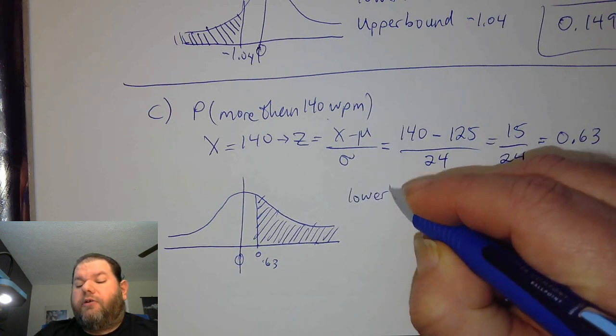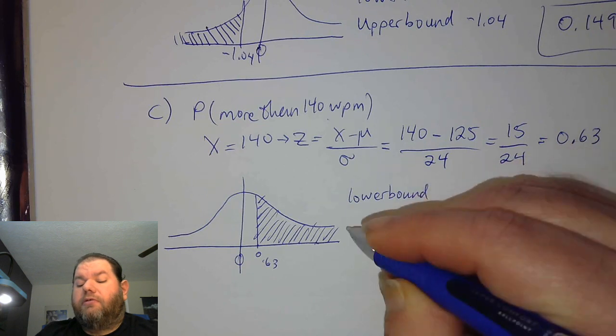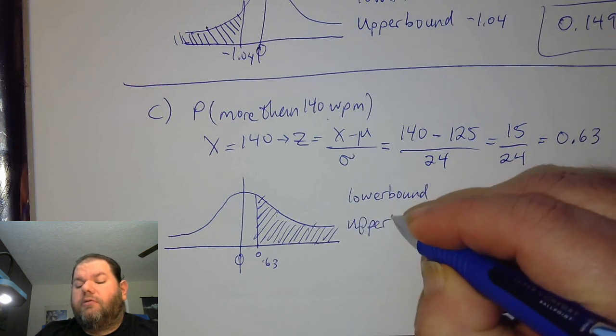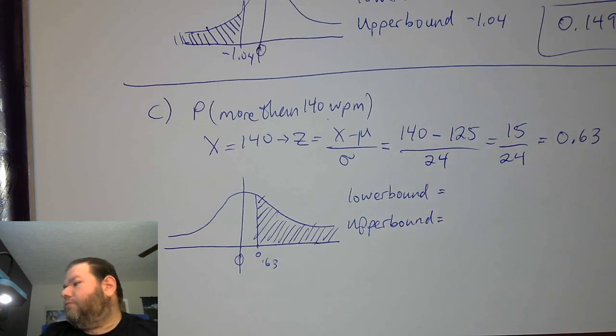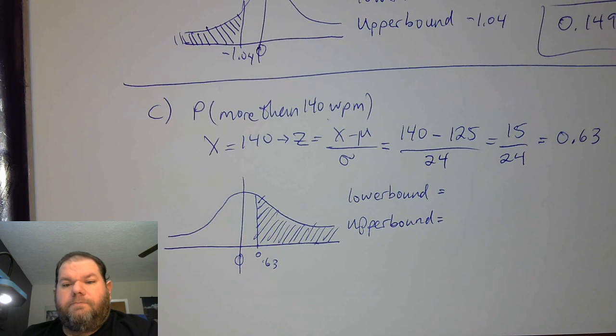What's our lower bound and our upper bound in this case? Any idea?